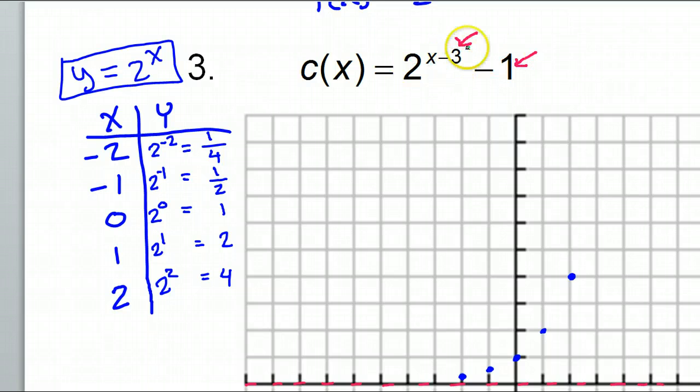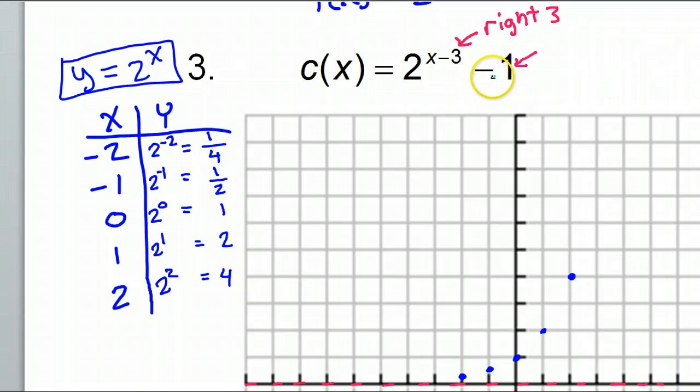What do these do? Well, when you're adding and subtracting in the exponent, that's always a left or right motion. And it's always the opposite of what you might think. So -3, subtracting 3, will actually be a shift to the right by 3.